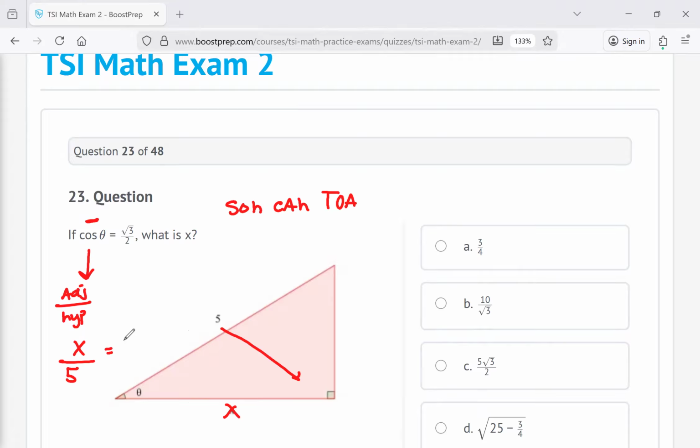That equals radical 3 over 2. Cross multiply, so 2x equals 5 radical 3, and then you solve for x by dividing by 2, and you get 5 radical 3 over 2. So letter C.